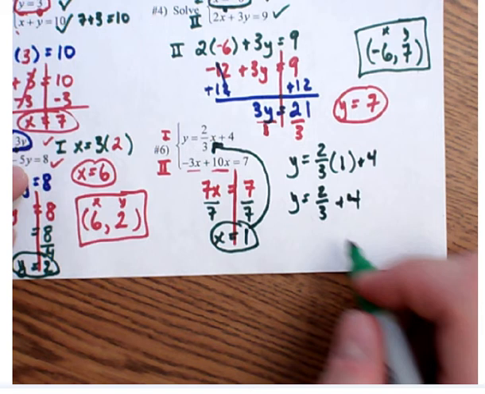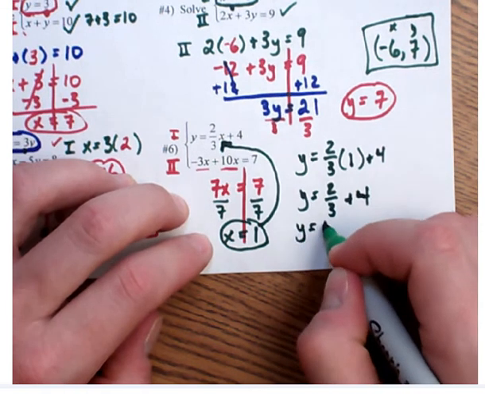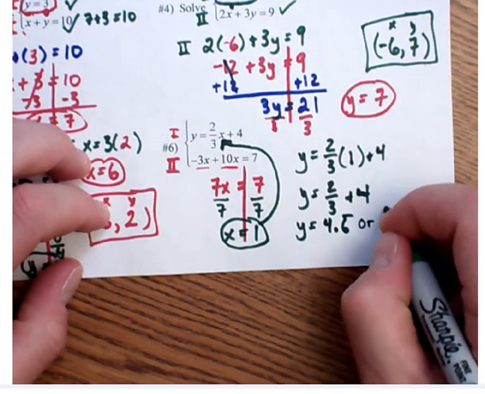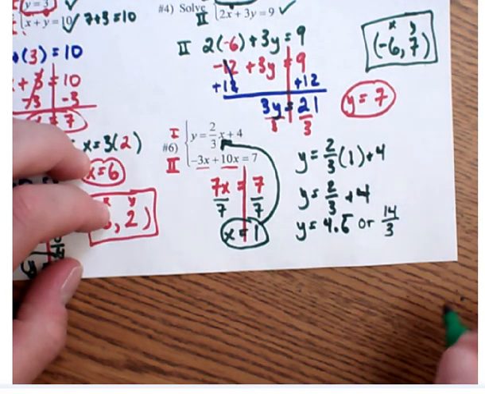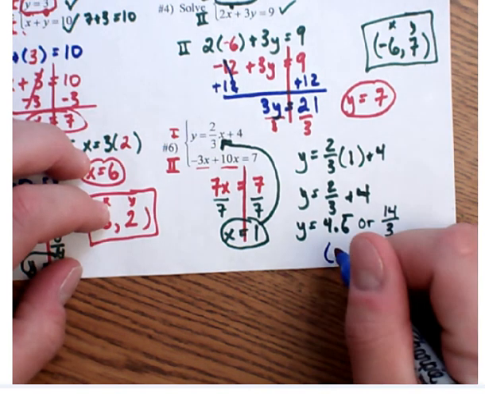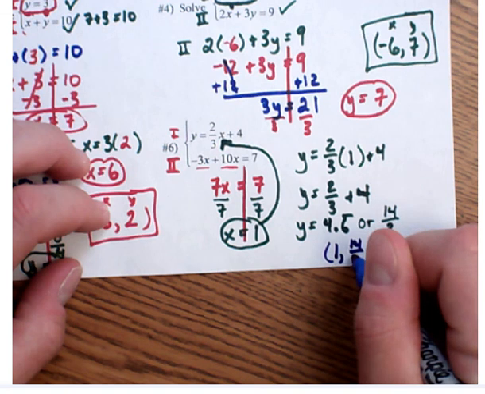Now you can write the answer 2 ways. Y equals 4.6 repeating. You can write it as a decimal or as a fraction, which is 14/3. So the final answer, which we'll write as an ordered pair, is x comma y.